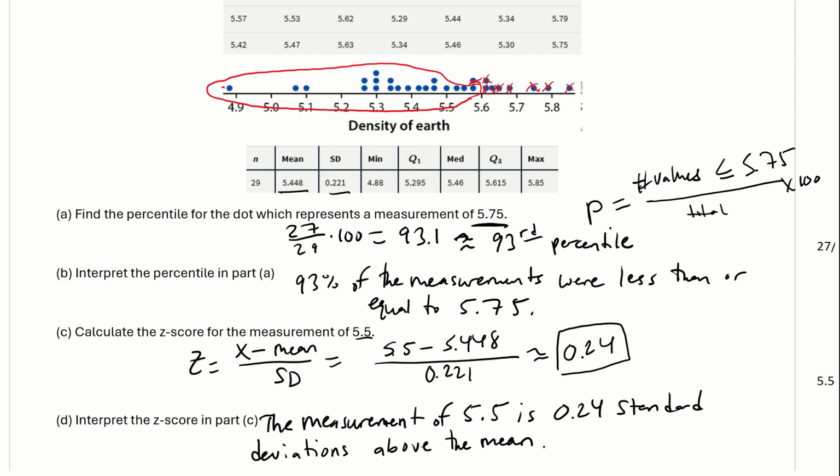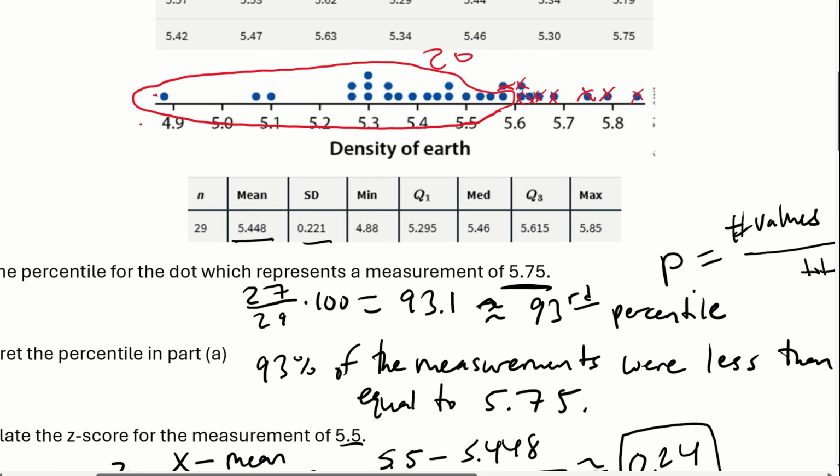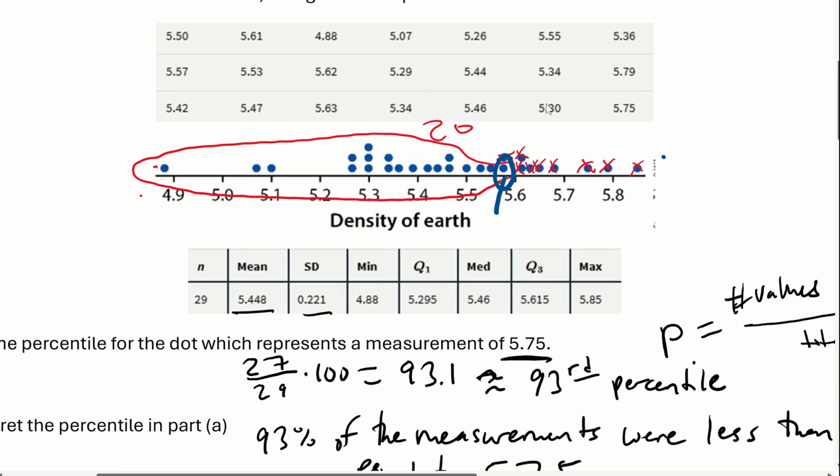So if I trim the top 9, then it gives me, from left to right, about 20 measurements, okay? So that means the 20th measurement is this dot right here, and that dot is at about 5.59, okay? So it looks like it's about 5.59.